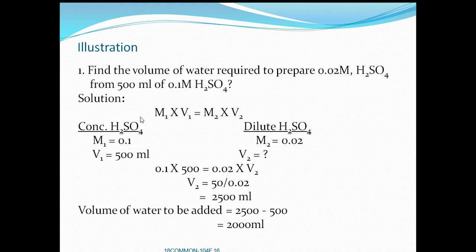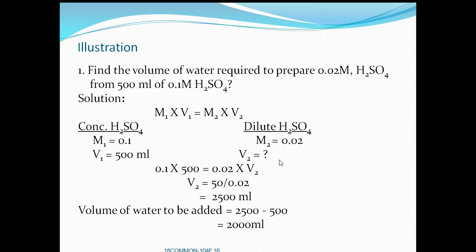Now, what is the formula? M1 V1 equal to M2 V2. On the left side I am writing the concentrated H2SO4 solution, the first solution. On the right side I have written the dilute H2SO4. M1 is given as 0.1 M, V1 is 500 ml, M2 in the question is 0.02 M, and V2 is the question mark.